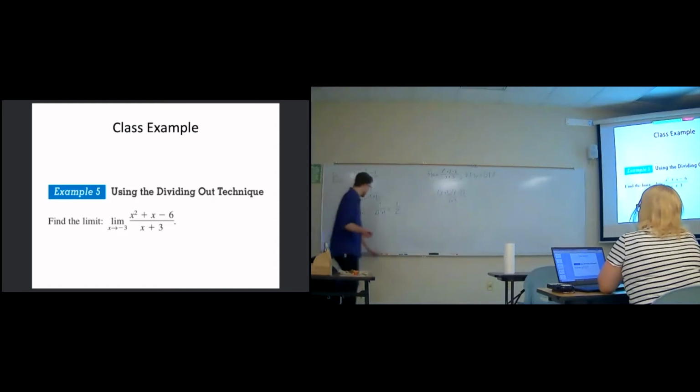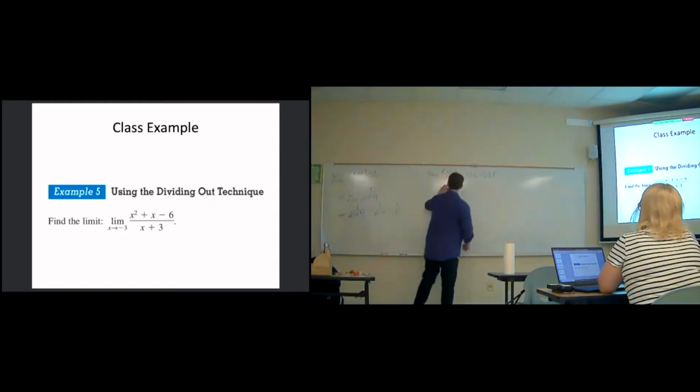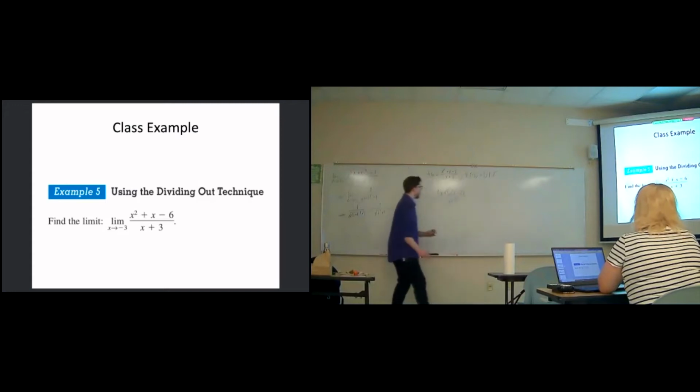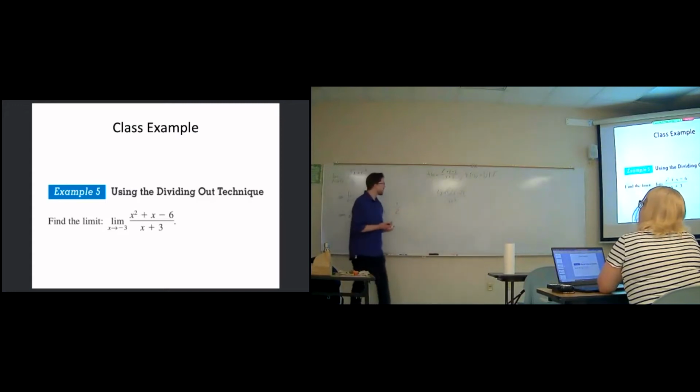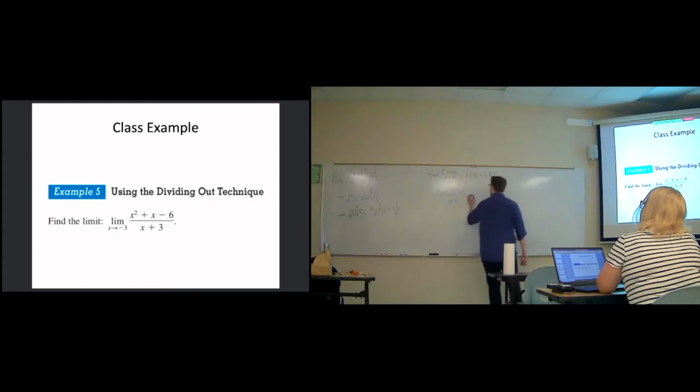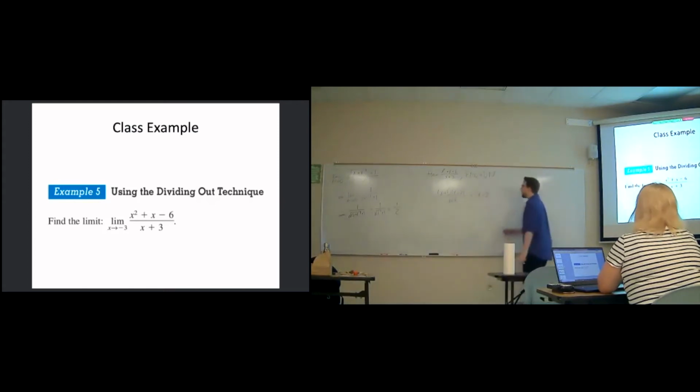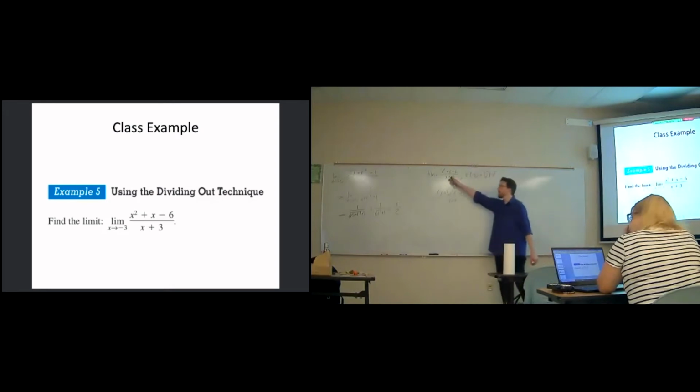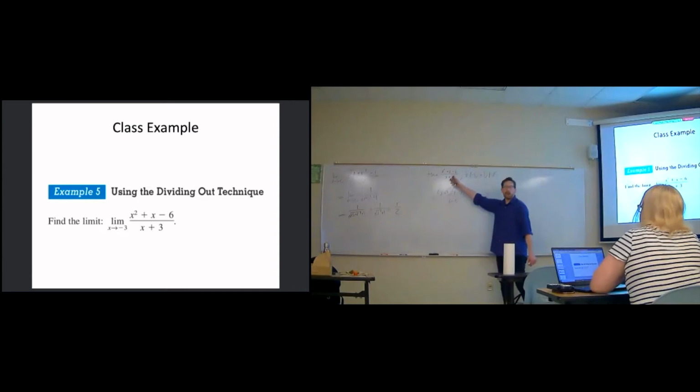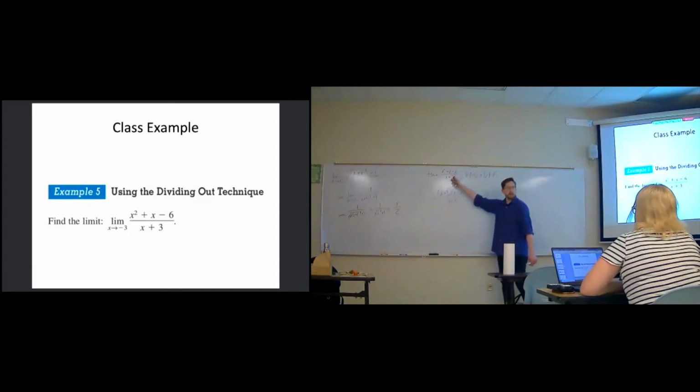Then you have x minus 2. But x minus 2 has an answer when you put in -3, which would be -5. So these two things have to be equal everywhere except at x equals -3.